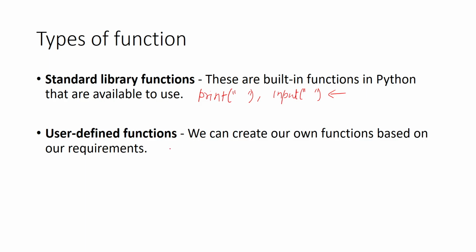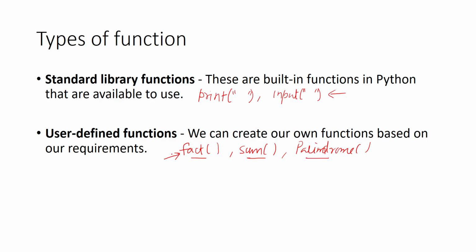On the other hand, there are certain functions that we create ourselves, like we want to create a function called fact, a function called sum, or a function called, say, palindrome. These functions are not built-in, so we need custom defined or user defined functions.